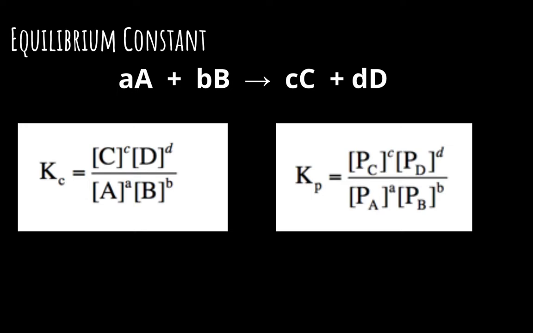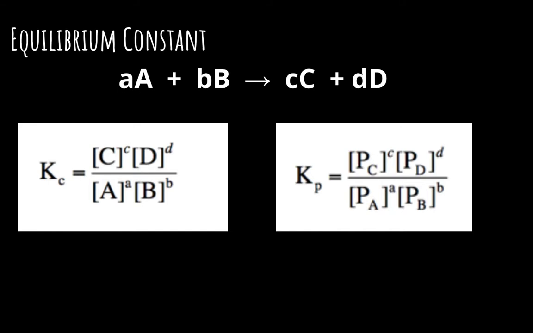Kc is what you would use when you're setting up an equilibrium constant expression for things that are given in molarities. A Kp is something you would use when you're setting up an expression for a system that's giving you the units as gases. So it's just a little different notation, but overall it's the same idea.